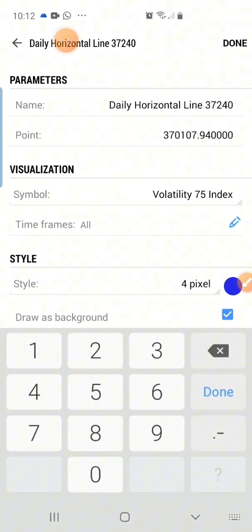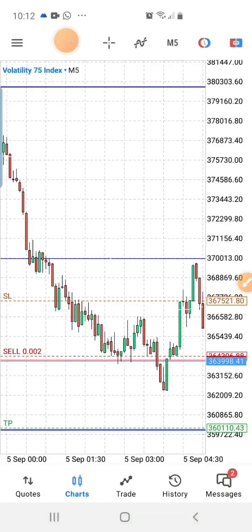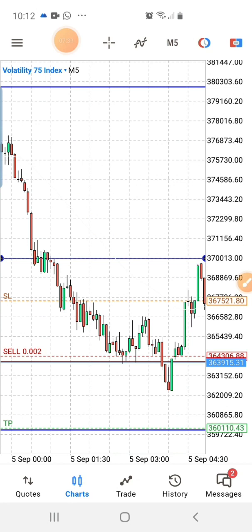I want to make sure I've not changed anything. This should be 100. Let me confirm. I don't want to change the line.